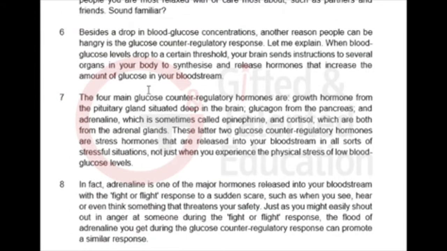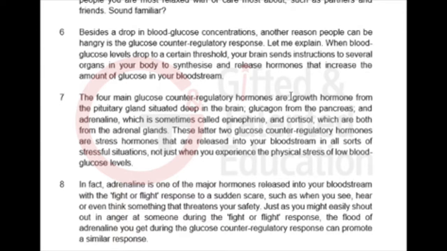Let's take a look at paragraph 7. Here, the brain instructs the organs in the body to release hormones to increase the amount of glucose, to regulate the amount of glucose in your bloodstream.